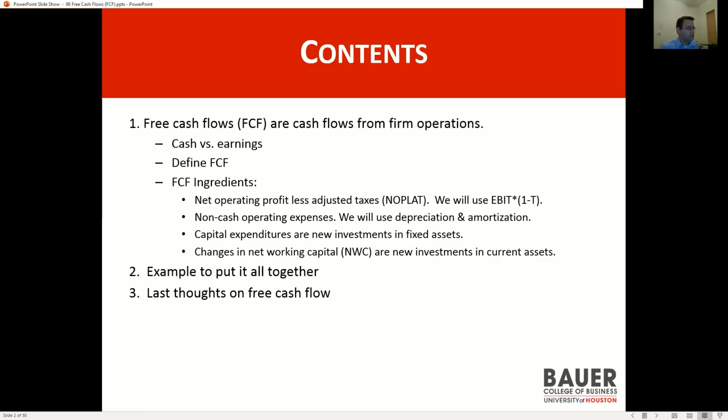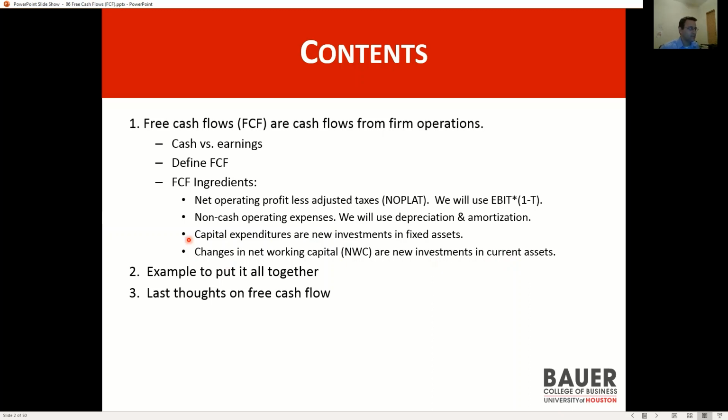The third and fourth bullet points refer to new investments in the company. Okay. So capital expenditures are new investments in fixed assets, things like plants, property, equipment, kind of long-lived assets. And then changes in net working capital are new investments in current assets. So those are more short-term, things like inventory.